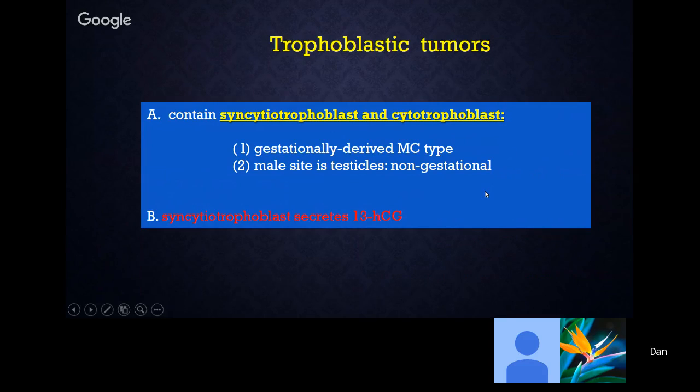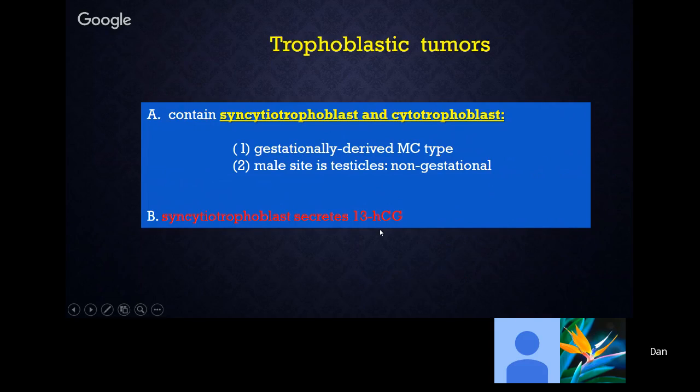The most common location, for example, the yolk sac tumors of the testes is one of them. Now, keep in mind, and this is why I put it in red, because this can be a question for you. The syncytiotrophoblasts are going to secrete the beta HCG. Remember, with HCG you know that there's a pregnancy going on, but in this situation, it's a tumor, not a pregnancy.